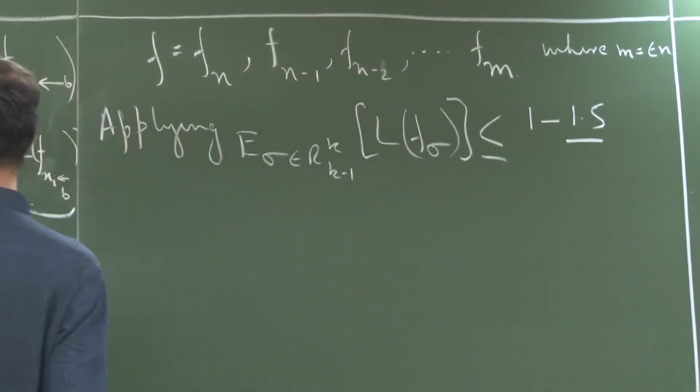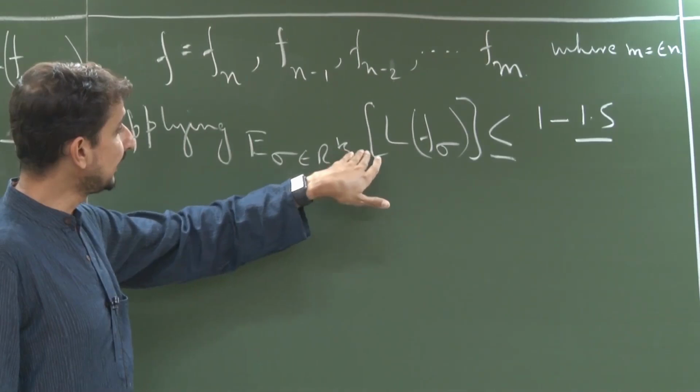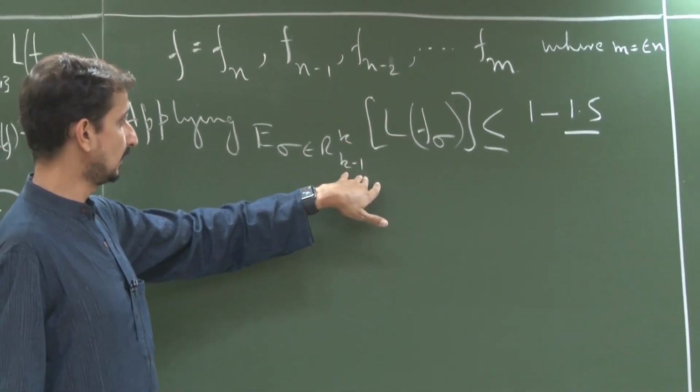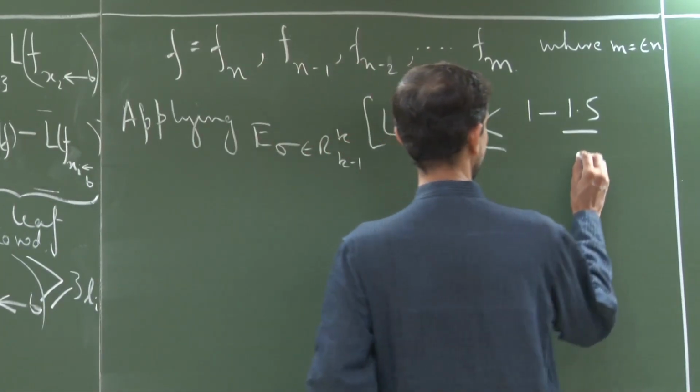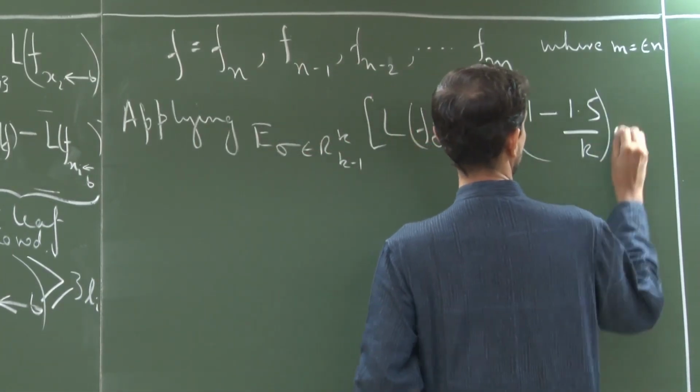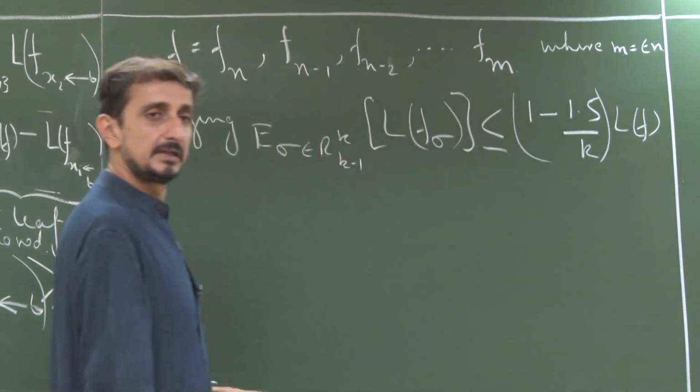So, here I am restricting from k to k minus 1. So, the denominator is k over here, times L of f. Okay.